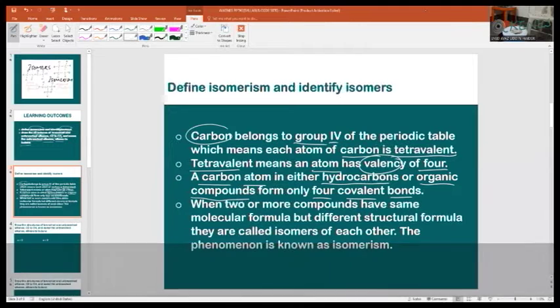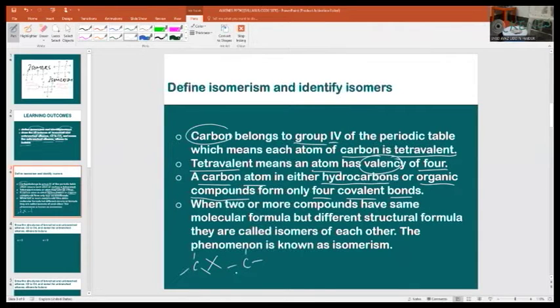It will neither form 3 bonds nor 5 bonds with other atoms, which means both of these are incorrect. This is the right way of drawing.